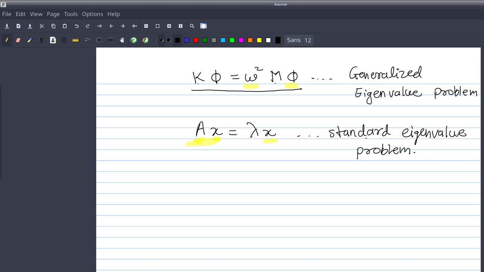And the amount of stretching or contraction is given by lambda. If lambda is more than 1, it is stretching; less than 1, it is contracting. So eigenvalues represent that stretch or contraction, and x is like a preferred direction, you can say, for that particular system.